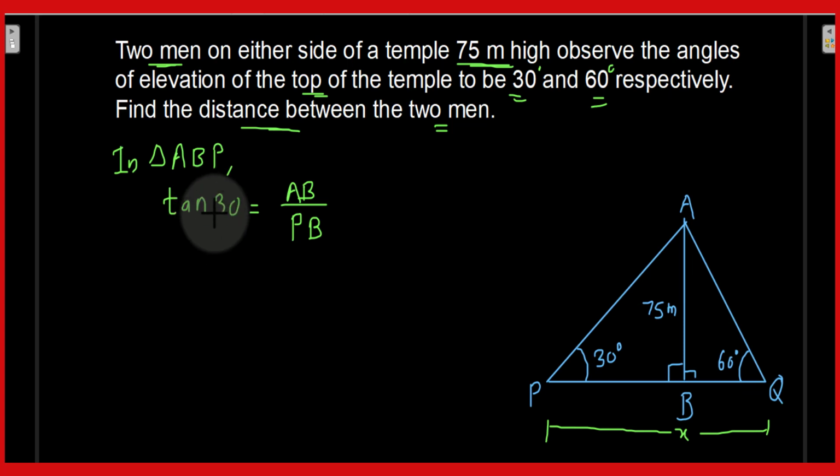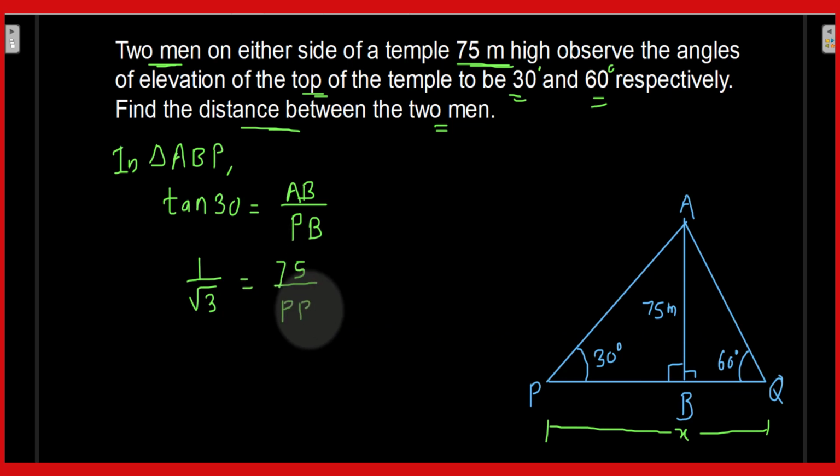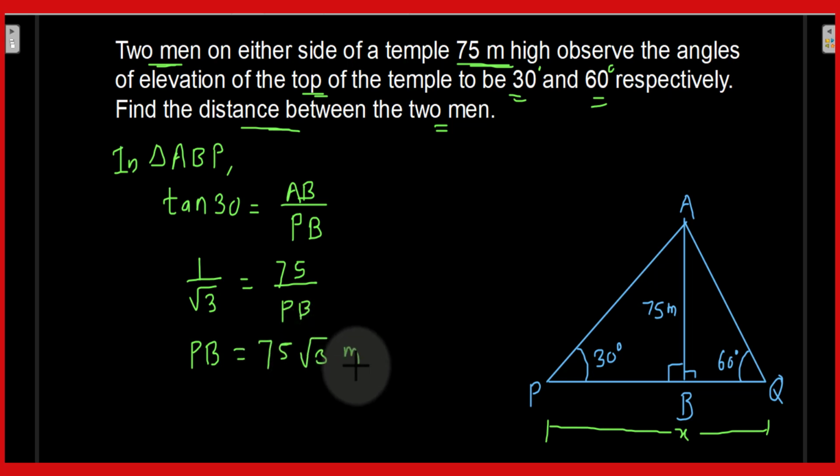So tan 30 is 1 upon root 3, which is equal to 75 upon PB, and therefore cross multiply and we will get PB equal to 75 root 3 meter. Now with the other triangle we can find BQ.